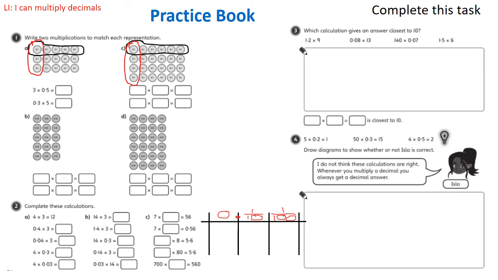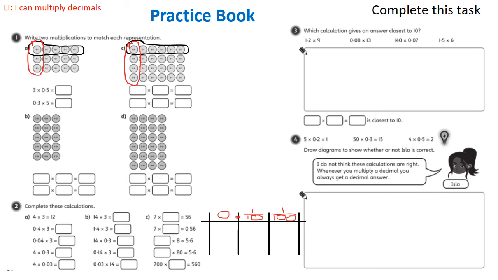Then you use your place value grid to make sure you put the numbers in the correct place and have the decimal point put in correctly. So the next one down would be 3 times 4 hundredths would be 12 hundredths.